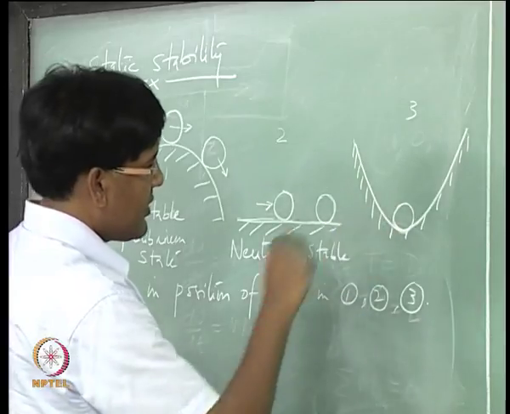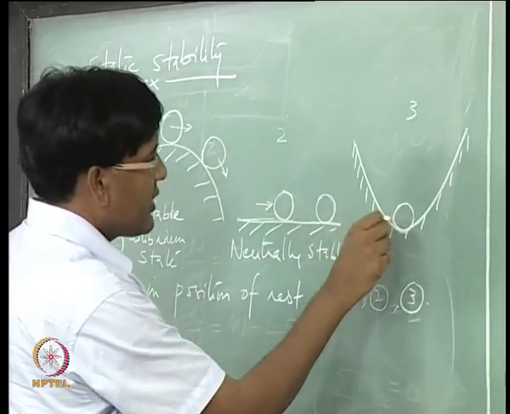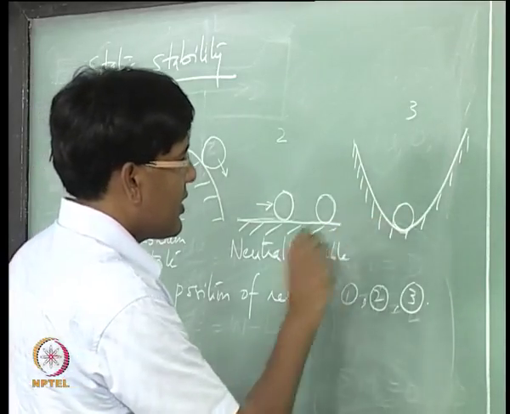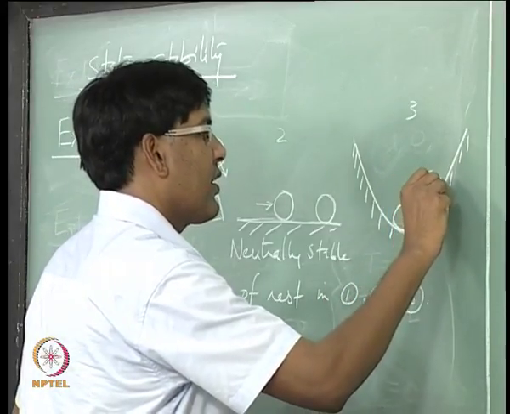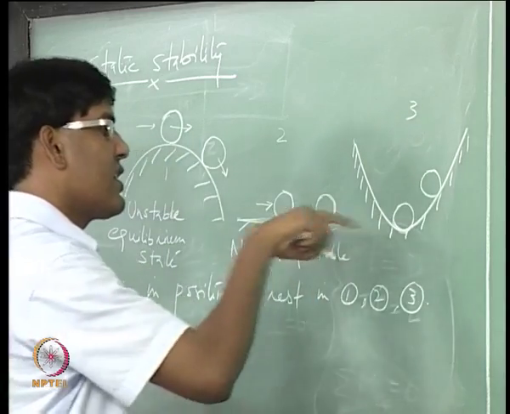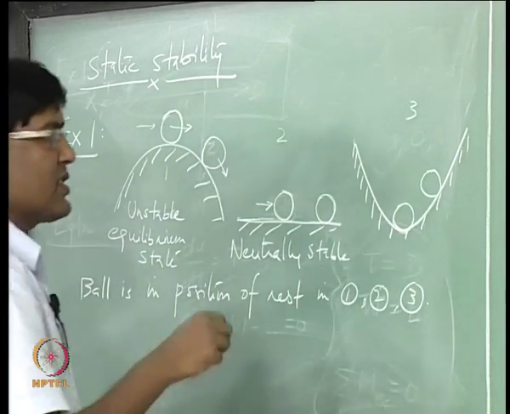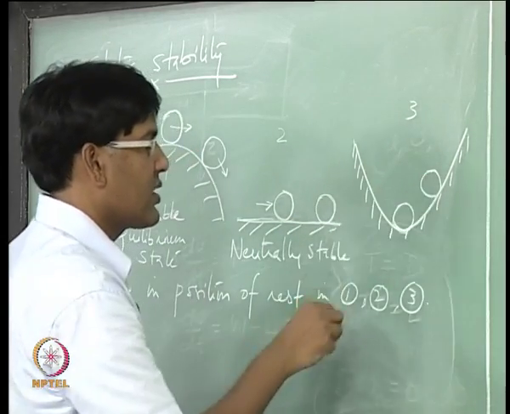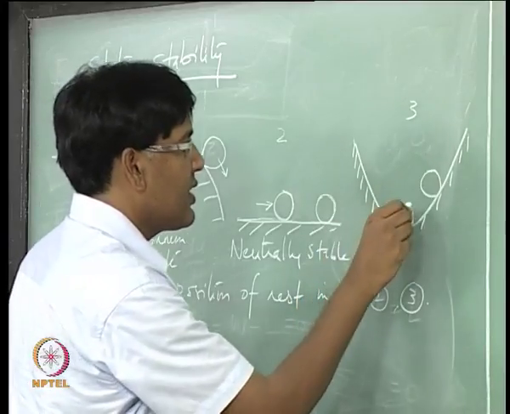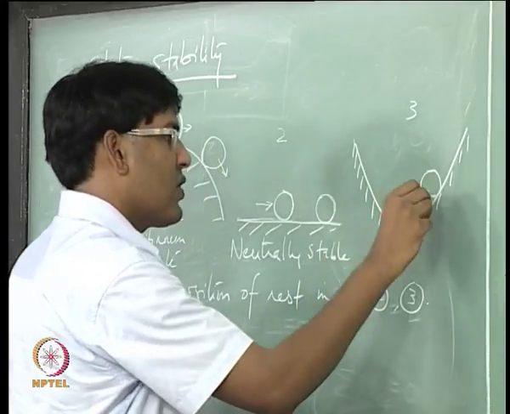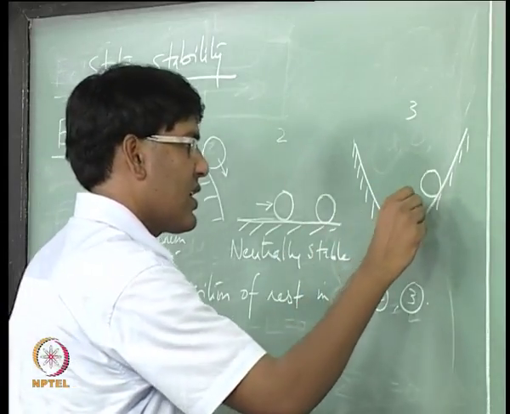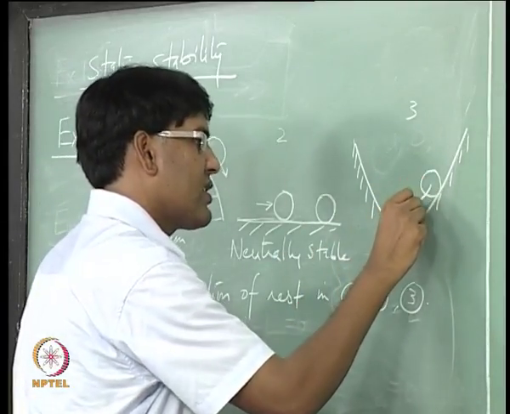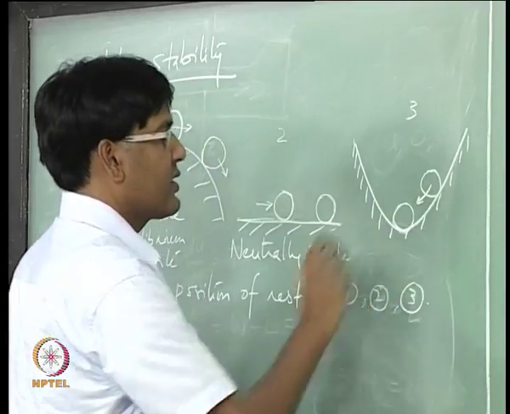In this case, when you hit the ball from this position, it uses that energy of the disturbance to rise along this wall of the well and goes up to some point, and once it has lost that energy, it starts coming back.